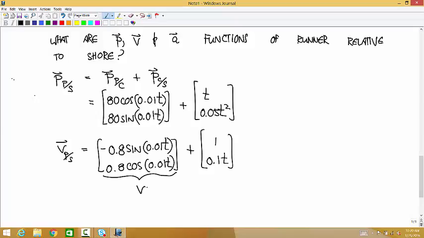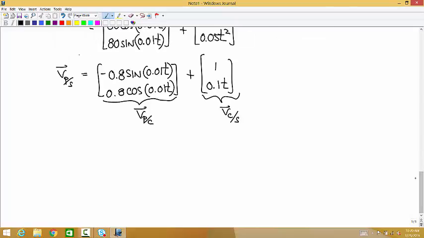So this is the velocity of the passenger with respect to the camera, and this is the velocity of the camera with respect to the shore.